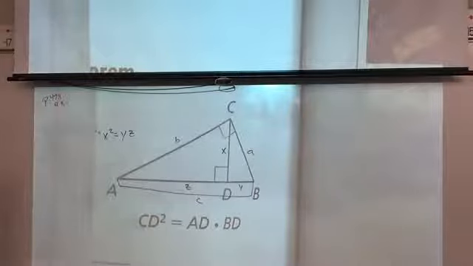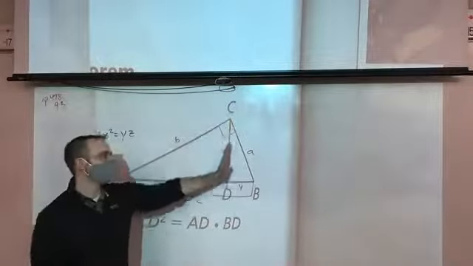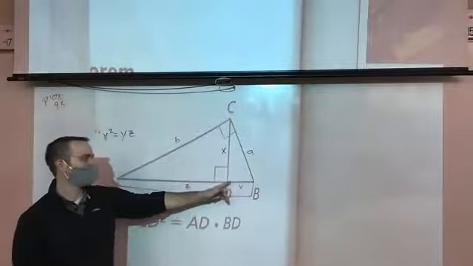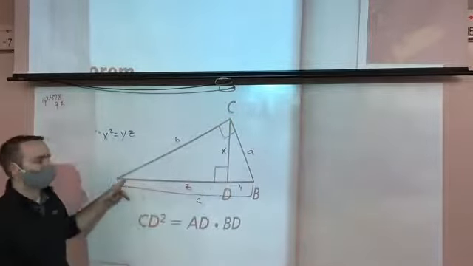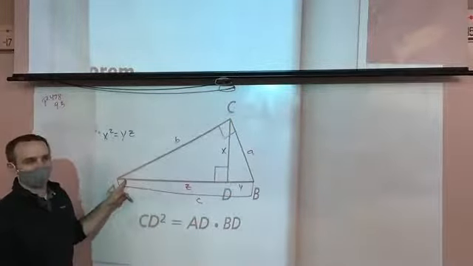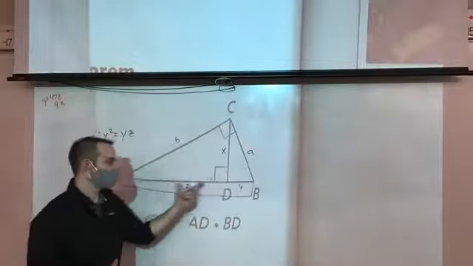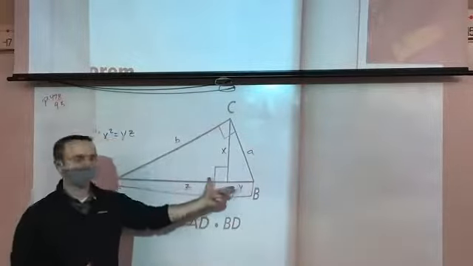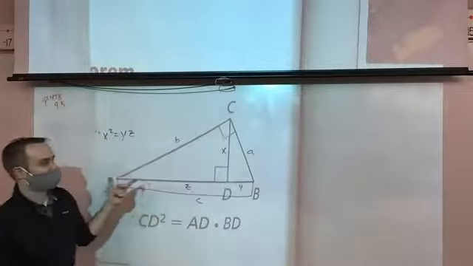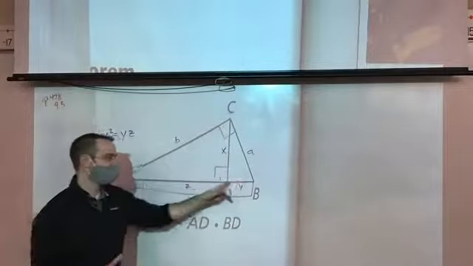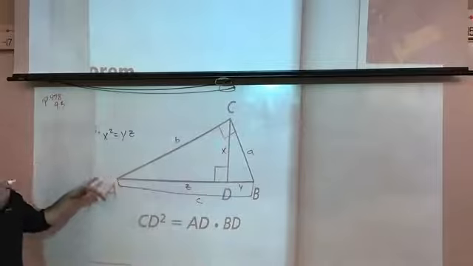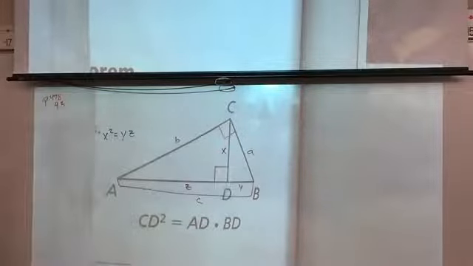So x squared is equal to y times z. So that altitude squared is equal to this part of the hypotenuse times this part of the hypotenuse. And in this situation, they're going to give us the two parts of the hypotenuse, this length and this length. So x squared is equal to y times z. Okay, that's for the altitude.